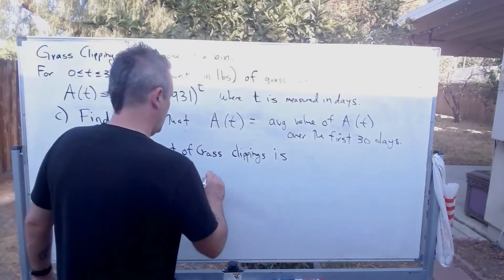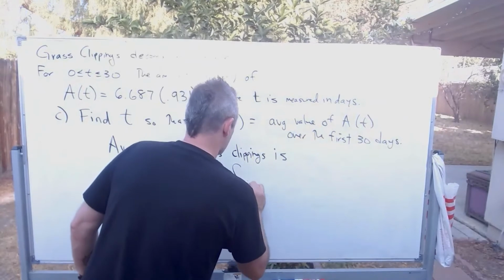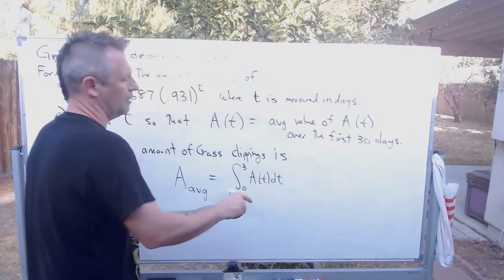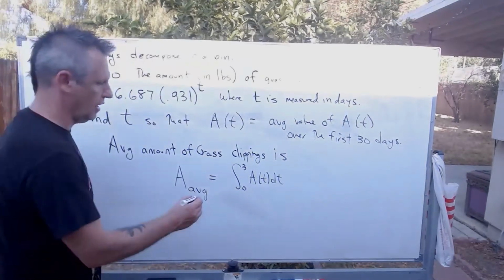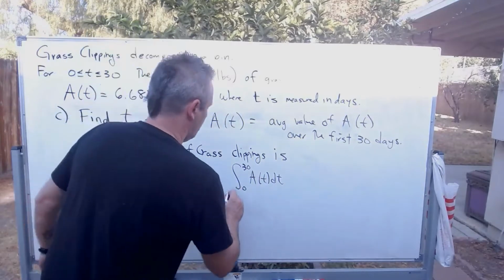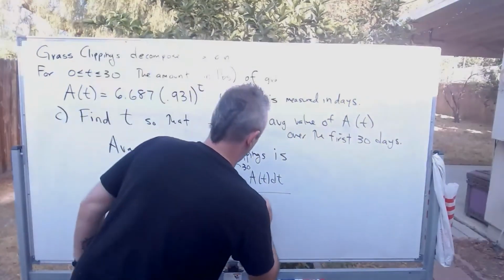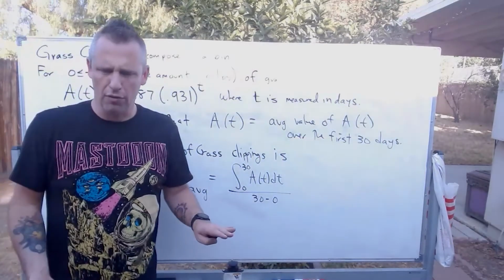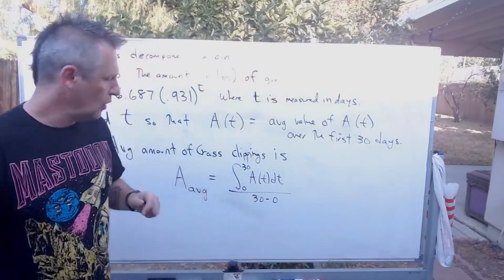It's an amount. And it equals the integral from 0 to 30 of A of t dt. So I'm kind of adding up all of the time, adding up all of the amounts of grass clippings I have, and then I divide by 30 minus 0. I divide by the length of the interval that I'm adding this up on.